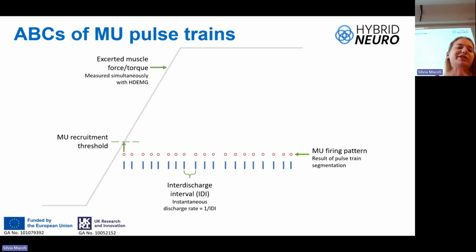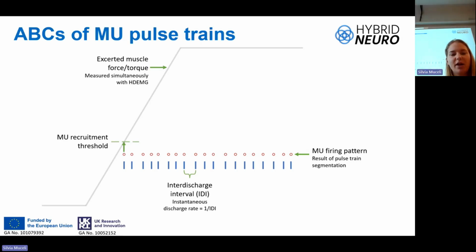We usually also inspect the force signal along with the pulse train and the firing rate, because there are some expected changes when we are slowly increasing or decreasing force, and we also expect more consistency during the hold phase of the force.